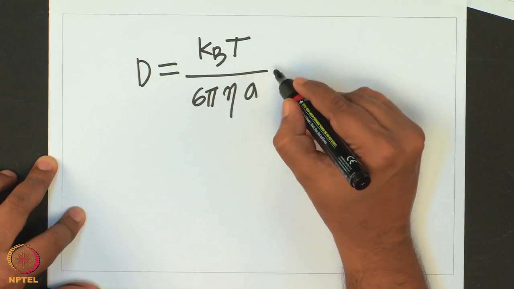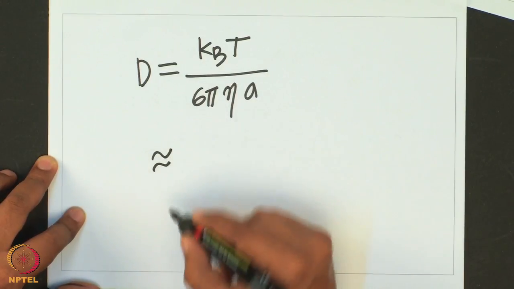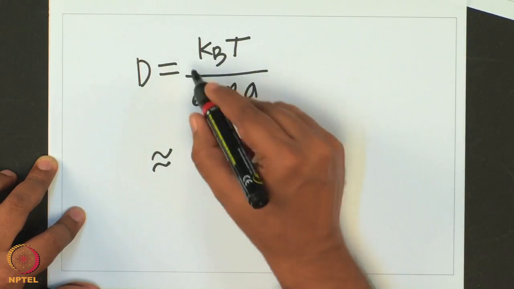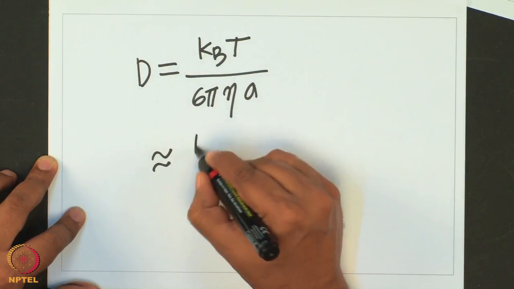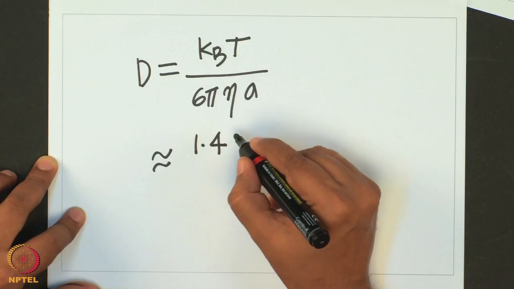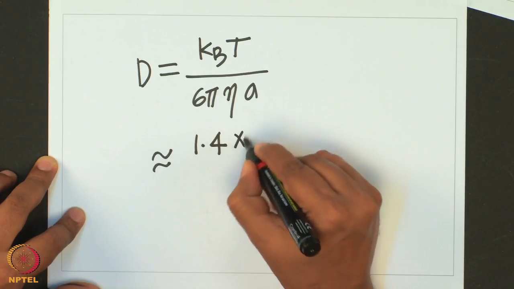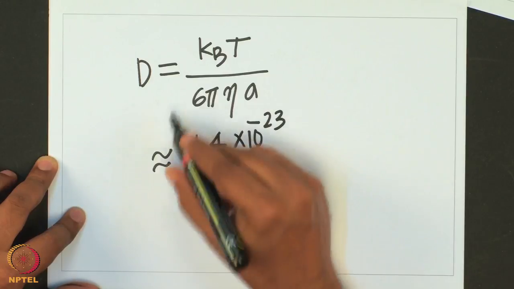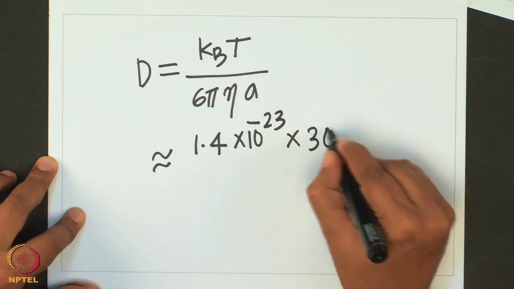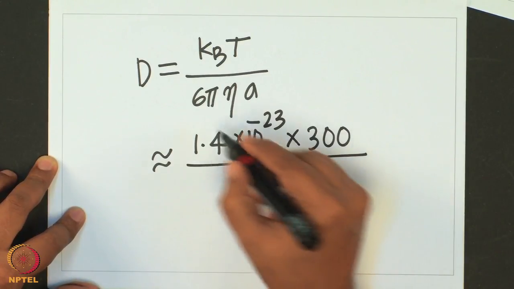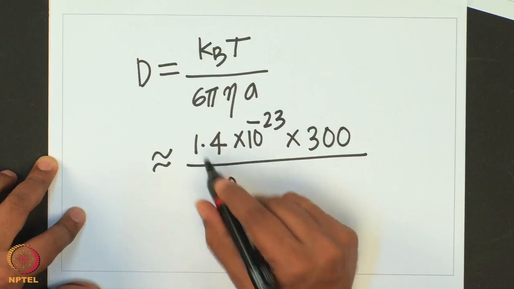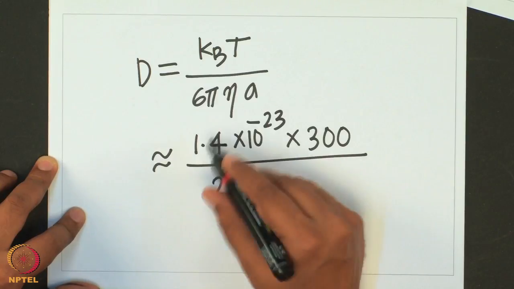Approximately, the Boltzmann constant is 1.4 times 10 power minus 23 in SI units. That is the approximate number, and temperature is 300 Kelvin, and 6 pi, let us take approximately 20, which is around 18 point something, but let us take 20 as order of magnitude.